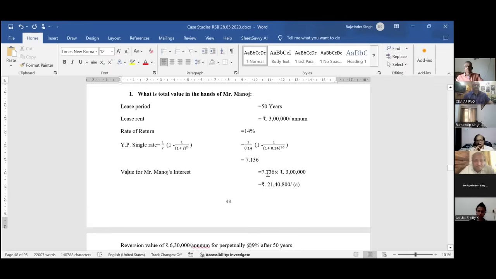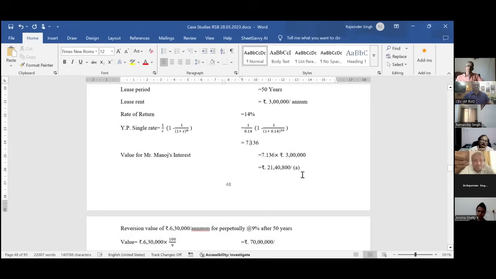Value equals YP into net income. Net income will be value divided by YP. The formula remains the same. If you have named the rent you get every year as the annual equivalent, the same applies. Okay, so you can find that value also if you think it proper. We have ignored it, but we can calculate that also.